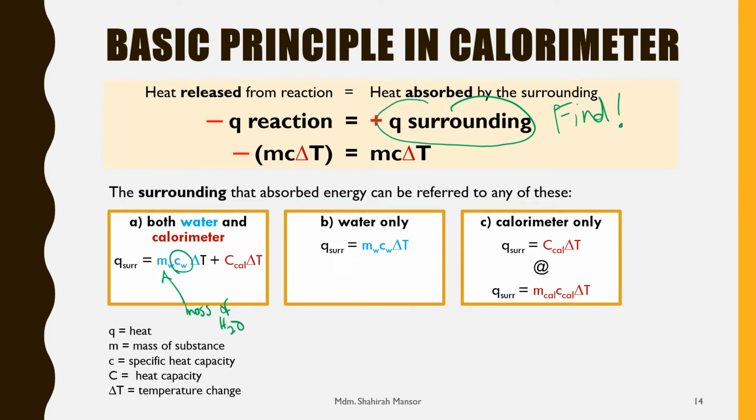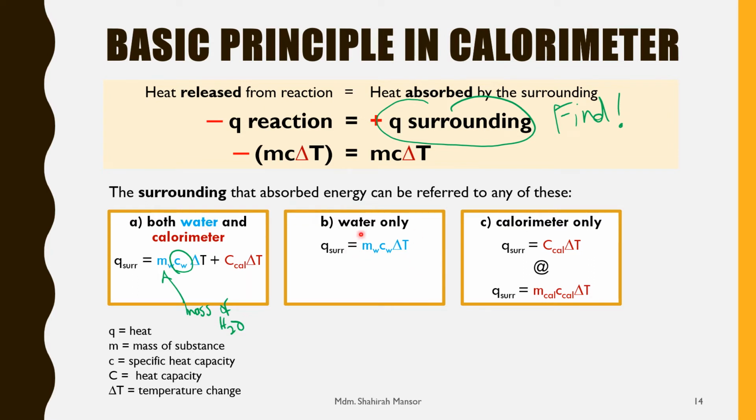Okay, c_w ini adalah specific heat capacity of water. So this is small c. Delta T adalah temperature change. Okay, plus capital C calorimeter. Ini merujuk kepada heat capacity of calorimeter. Okay, times delta T. So ini adalah data untuk water. Ini data untuk calorimeter. So kita akan gunakan formula ini sekiranya water and calorimeters sebagai surrounding.